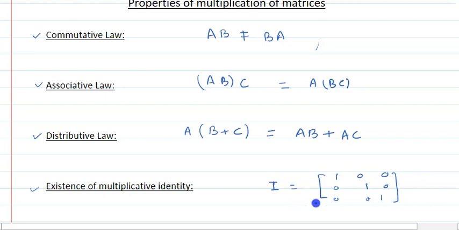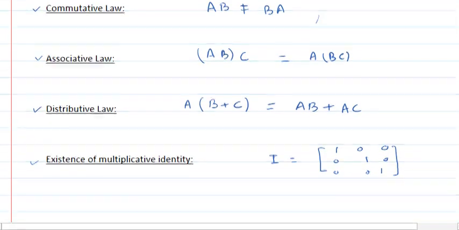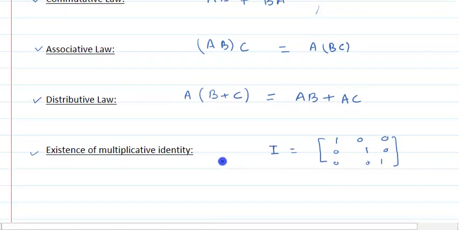If you remember, I told you that the identity matrix is a square matrix in which all the diagonal elements are 1 and non-diagonal elements are 0. So I, the identity matrix, is the multiplicative identity for the multiplication of matrices. It means I into A is equal to A into I, which is equal to A.